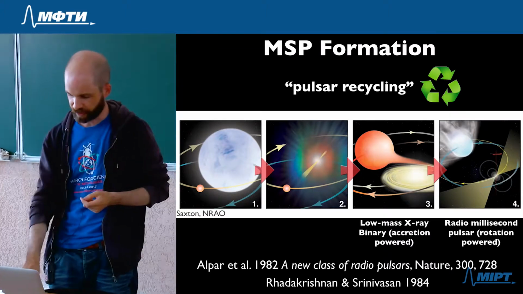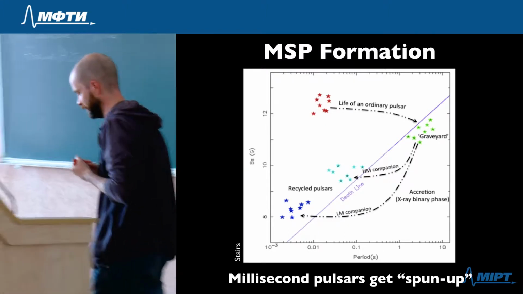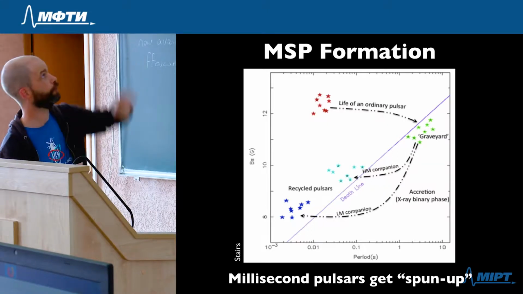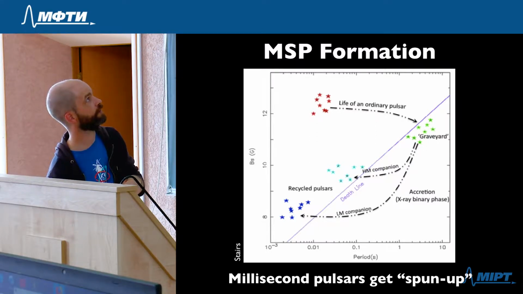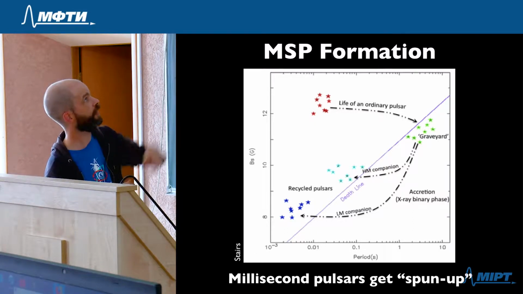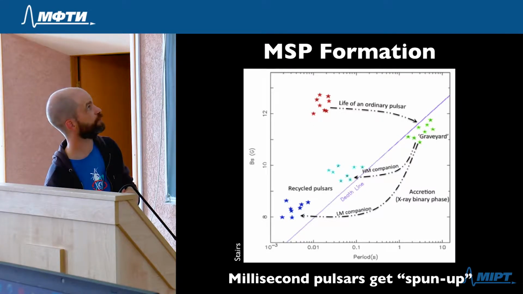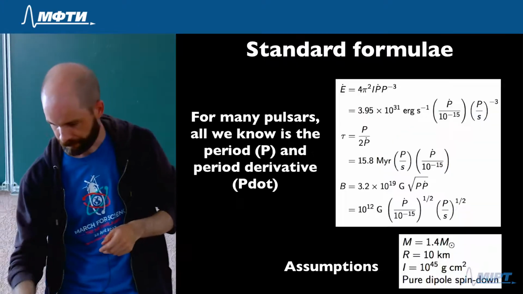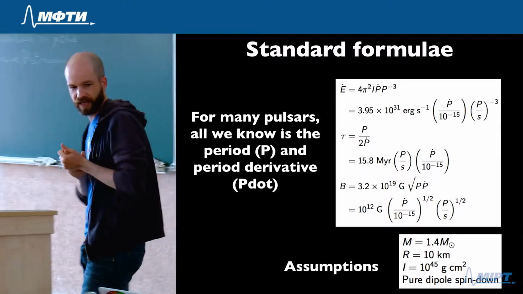We call this recycling because you start with a neutron star that is spinning quite slowly, probably not detectable as a radio pulsar anymore, and then you go from this part of the diagram, where we call them pulsars in the graveyard below some threshold at which they can no longer produce radio pulsations, and then through this mechanism of both mass and angular momentum accretion, they can be recycled to spin at much higher rates.